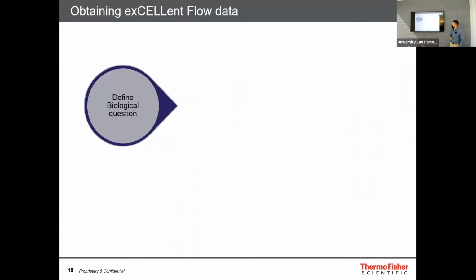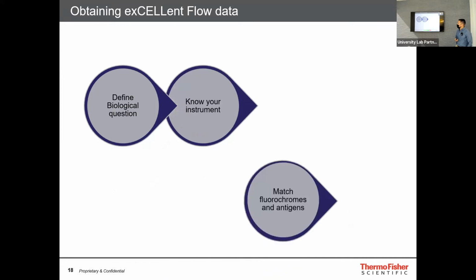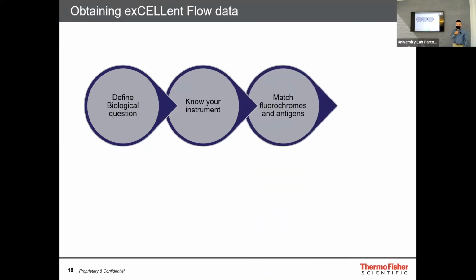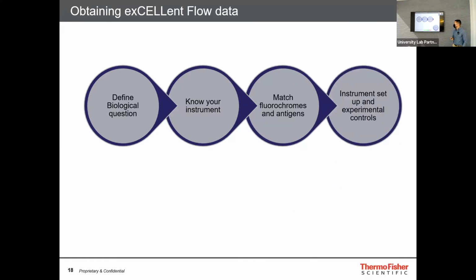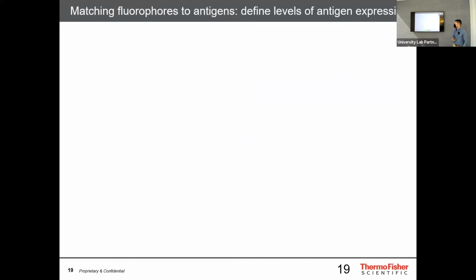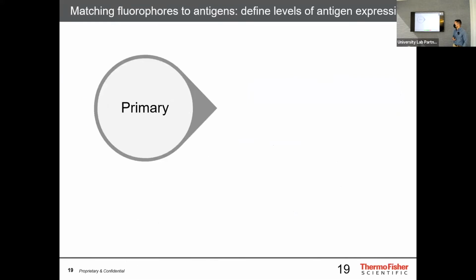Okay, so now that we've covered some of these reagents that you have available to you, we can talk about matching your fluorochromes and antigens. And so this really goes into the theory or background on how to design a flow cytometry panel. So there are 3 different groups you may want to consider when designing panels.